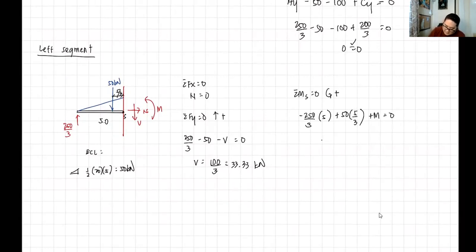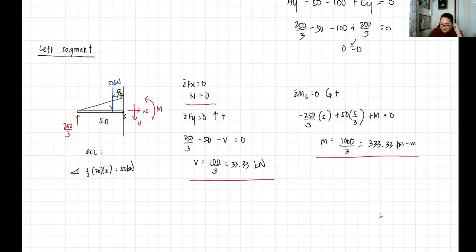So, on calculating, negative 250/3 times 5 plus 50 times 5/3. That is a negative value. So, transpose natin sa kabila. We will have 1,000/3 or 333.33 kilonewton meter. Okay?